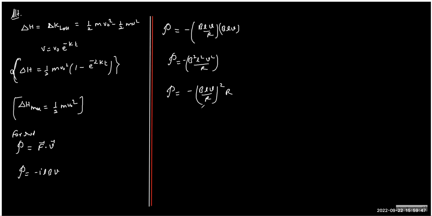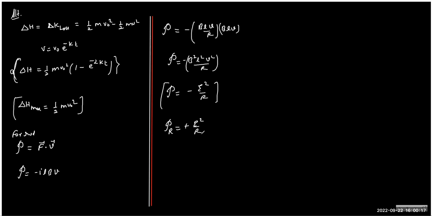And what is BLV? It's the EMF induced, right? Yes. And this is like the instantaneous current, right? Why I'm writing like this is just like minus E square by R. So BLV is the E, right? So the instantaneous power is equivalent of minus E square by R. So power through the resistor is plus E square by R. Okay.